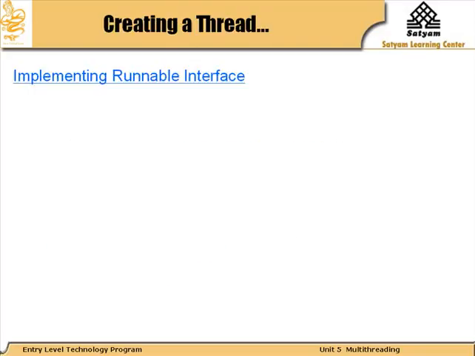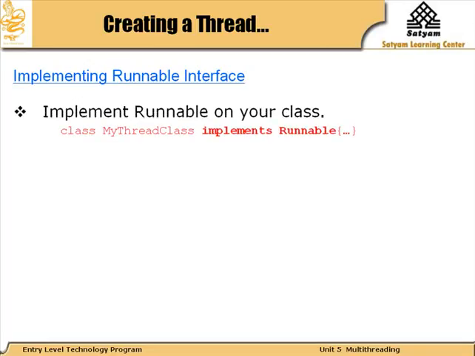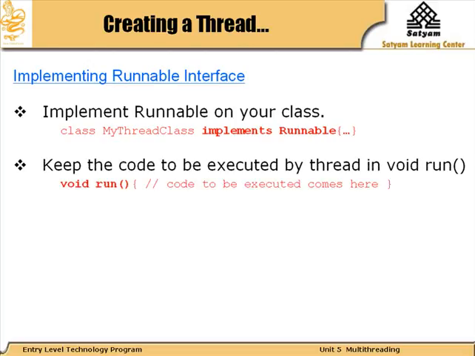Creating a thread by implementing the runnable interface. Here is an example. Class myThreadClass implements runnable. Keep the code to be executed by the thread in void run. Public void run is the method from where a thread execution begins.